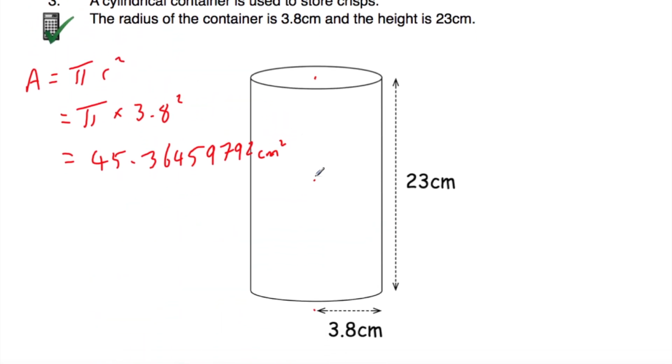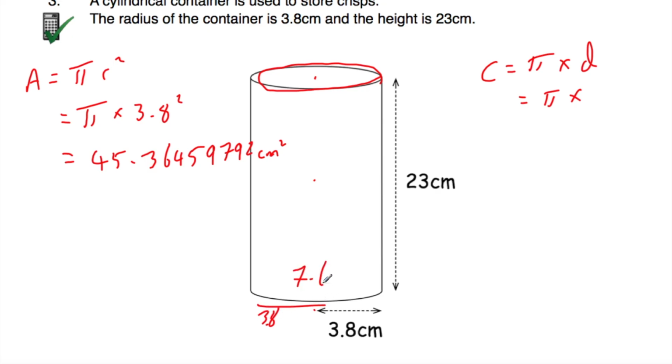Now let's find the area of the curved face. So that's going to be the circumference of the circle times the height of the cylinder. To find the circumference of the circle, circumference is pi times diameter. Now the radius is 3.8. The other radius on the other side would be 3.8. So if we add them together, 3.8 plus 3.8 is 7.6 centimeters.